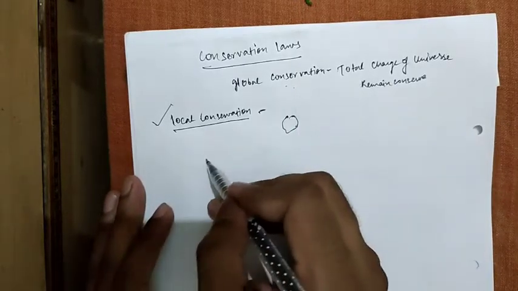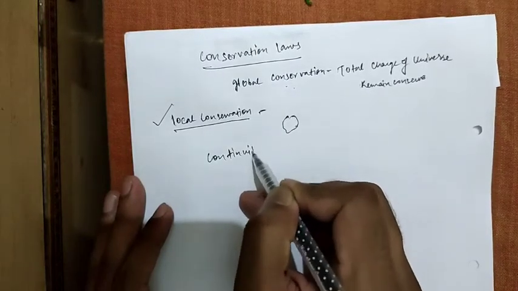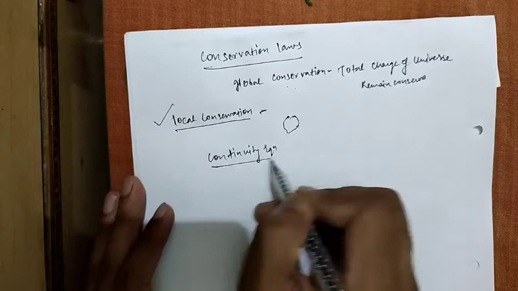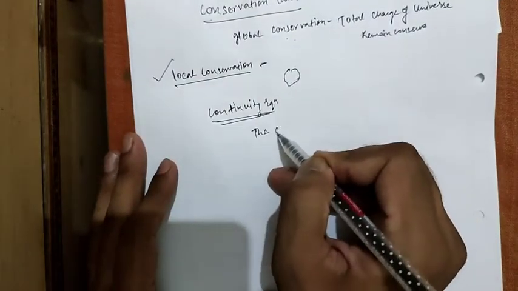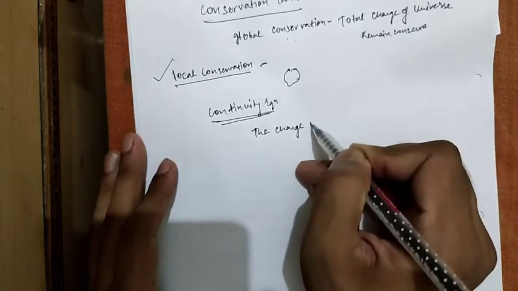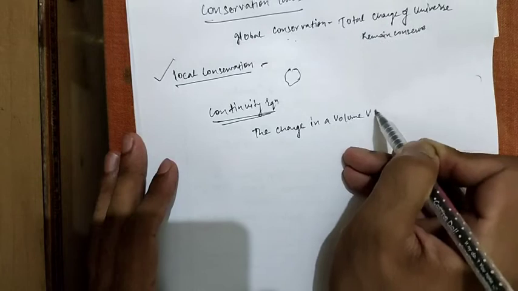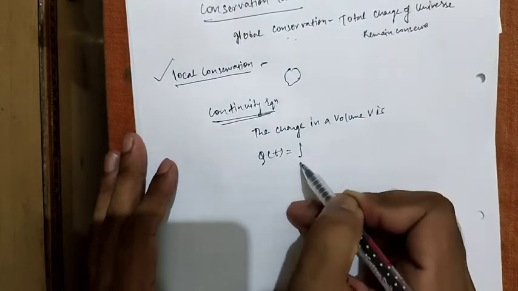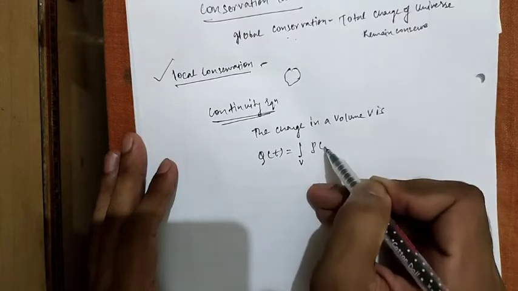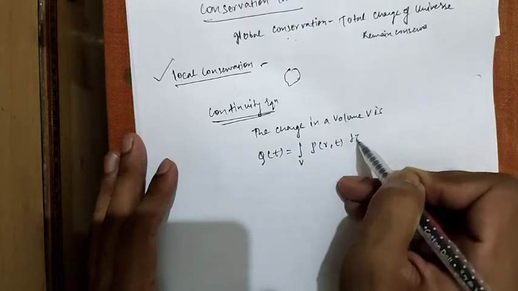Okay, and then let's start with the continuity equation. Let's say the charge in a volume V is Q(t) equals the integral of rho, the charge density, a function of position and time, d tau.